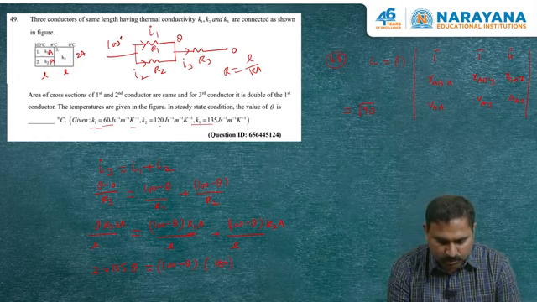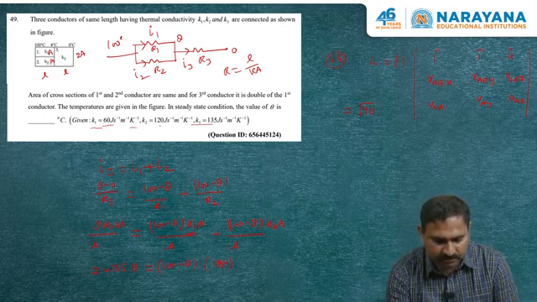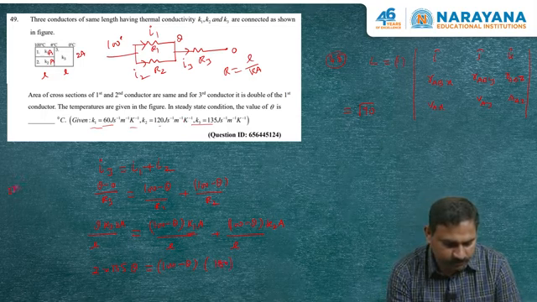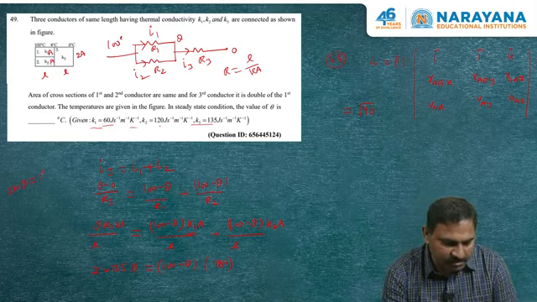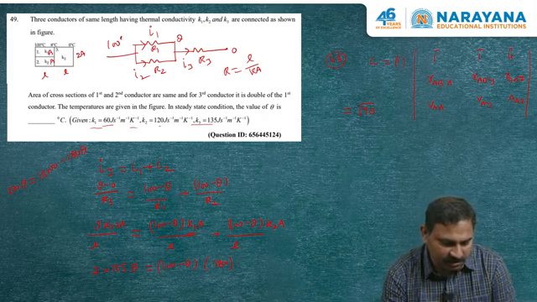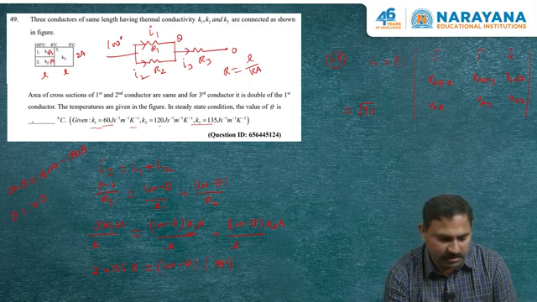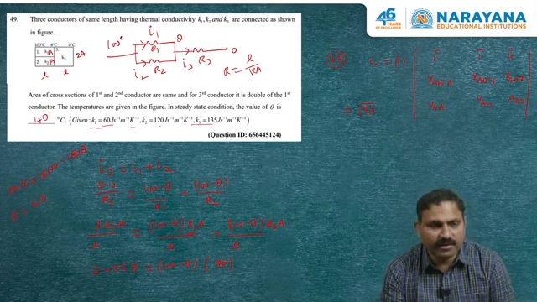So, this is 270 theta equal to 18,000 minus 180 theta. After simplification it comes out to be 40 degrees. So, here answer will be 40.